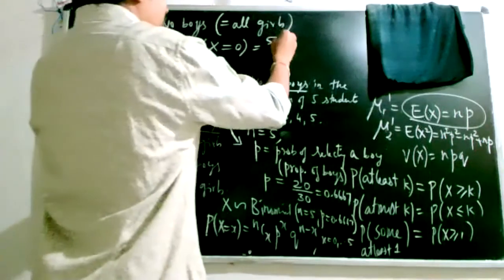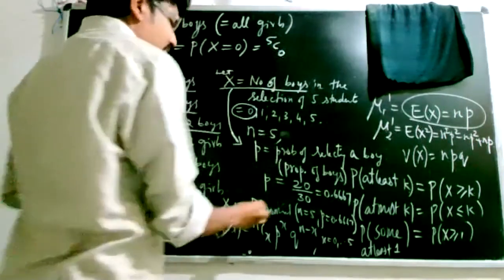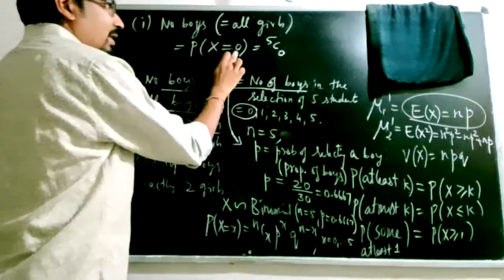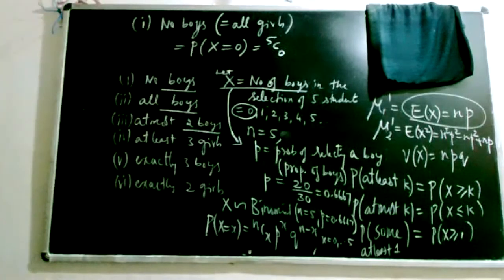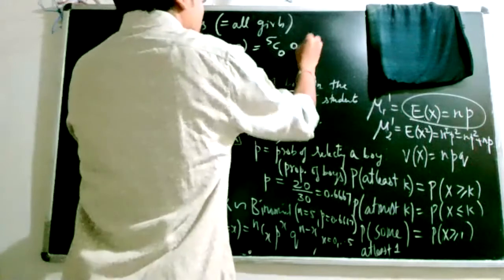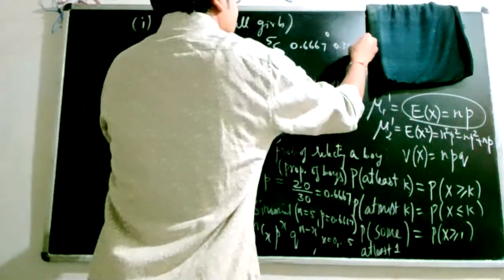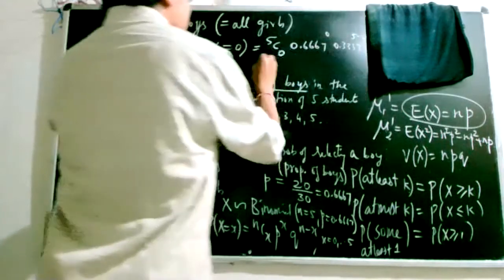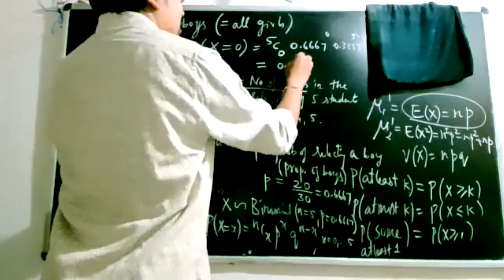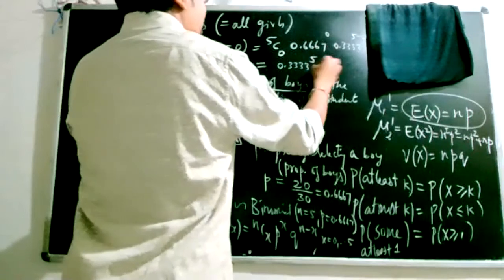So I'll substitute n equal to 5. I'll have nCx, which is 5C0, because my x is taking 0. Then p to the power of 0, q to the power of n minus 0, which is 5 minus 0. So it is just 0.3333 to the power of 5.